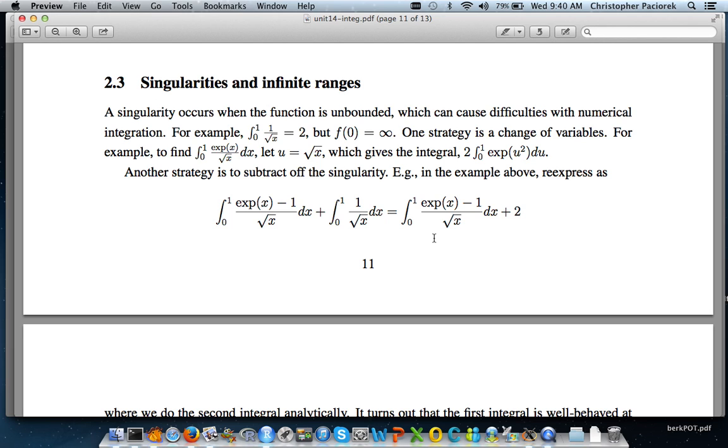So for example, if we have the function 1 over the square root of x, that function is going to look something like this, and it's shooting off to infinity here. It turns out that you can mathematically do this integral from 0 up to some upper bound here. And the reason is that this is not going up so fast that it's not integrable. So you can actually integrate this even though it is going off to infinity.